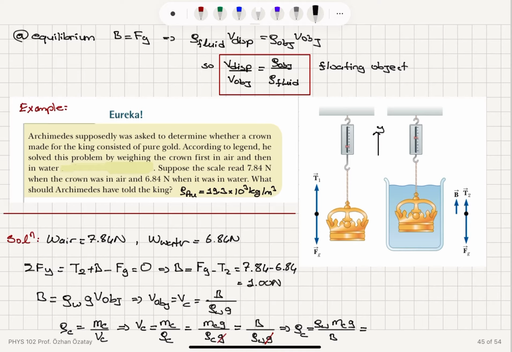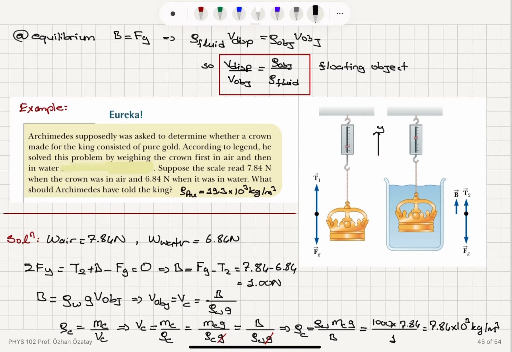Now what is mass of the crown times g? That's the true weight of the crown that was measured in the air. The density of water is 1000 kilograms per meter cubed times 7.84 divided by 1 newton, and we obtain the density of the crown to be 7.84 times 10 to the 3 kilograms per meter cubed.